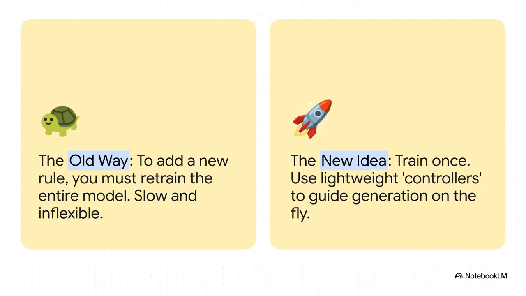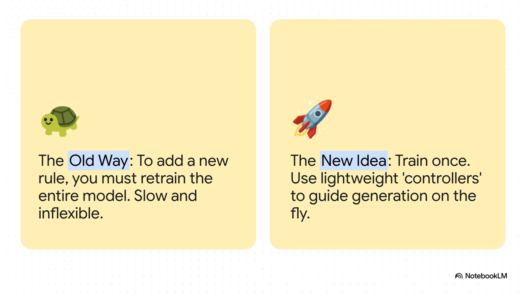And this is where you can really see the big idea. See, the old way of doing this, it was kind of a nightmare. Let's say you built an AI to generate data about apartments. Great. But then you decide you want to add a new rule, like that rent price one. Well, guess what? You had to go all the way back to the beginning and completely retrain the entire model from scratch. It was so slow and inflexible.